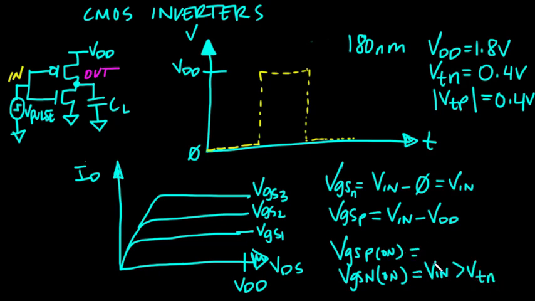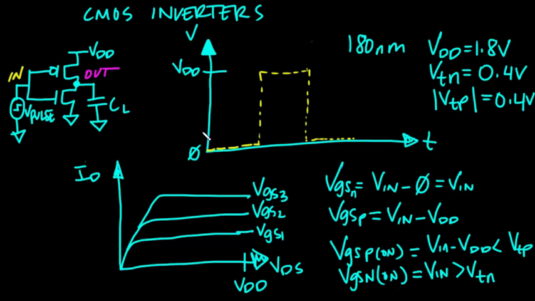For the PMOS device, it's pretty easy too, because all we know is that Vin needs to be less than VDD by the threshold voltage. So Vin minus VDD needs to be less than VTP. These are the points at which the PMOS and NMOS devices turn on.